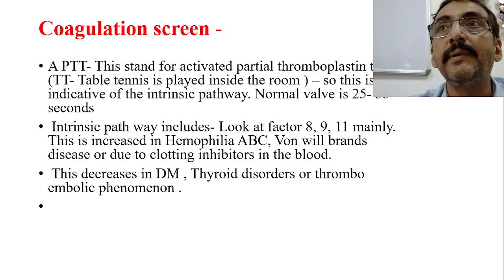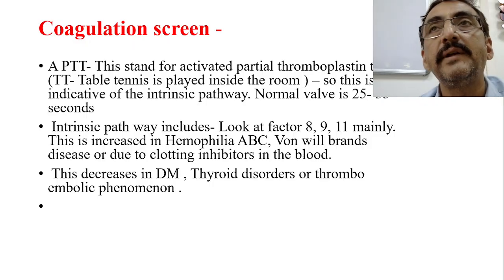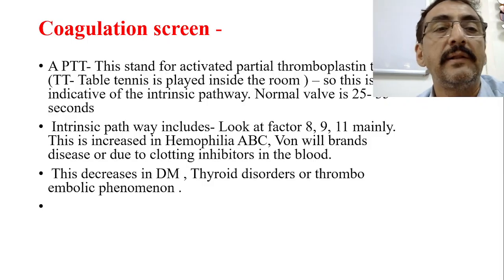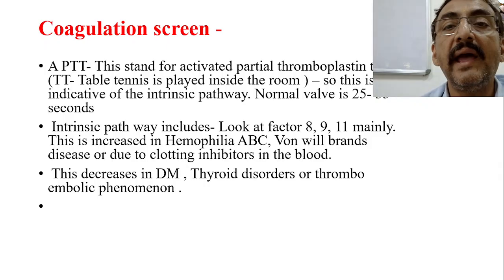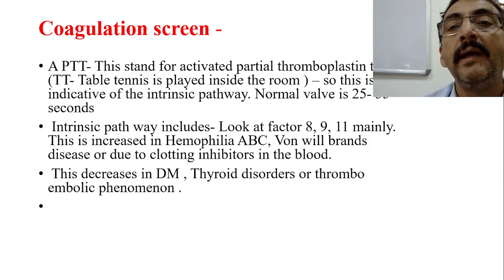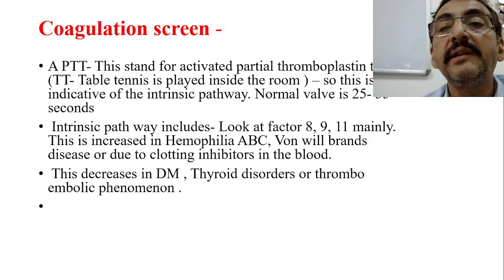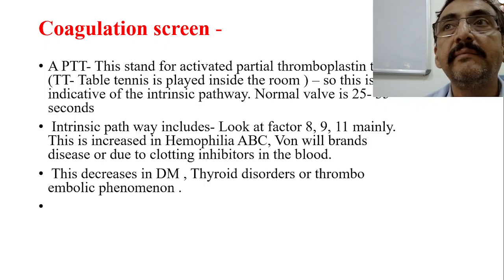Talking about the intrinsic pathway, what is the best investigation for its identification? This is APTT, activated partial thromboplastin time. In this we have a TT. TT means table tennis.